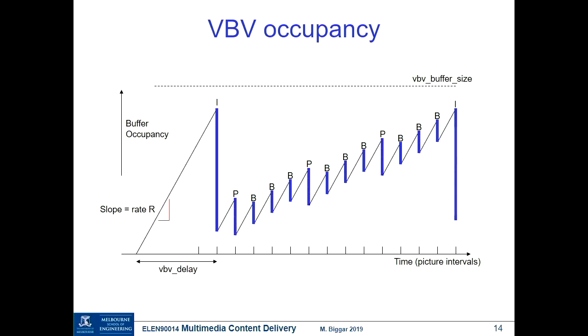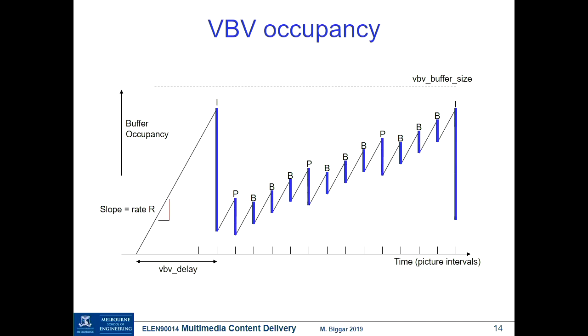So at this instant, the I picture data is read out. The I picture data might have been written in over, I don't know, sort of this period. Then we would have gone on to start putting this data in, but it's actually only read out at that instant. And of course, the buffer fullness drops significantly because the I picture requires a lot of data.